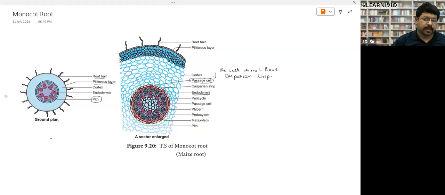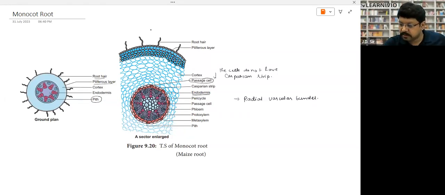Phloem and xylem are on different radii, so they have a radial arrangement, right? So you can write it down: a radial vascular bundle, and more number of vascular bundles than dicot.